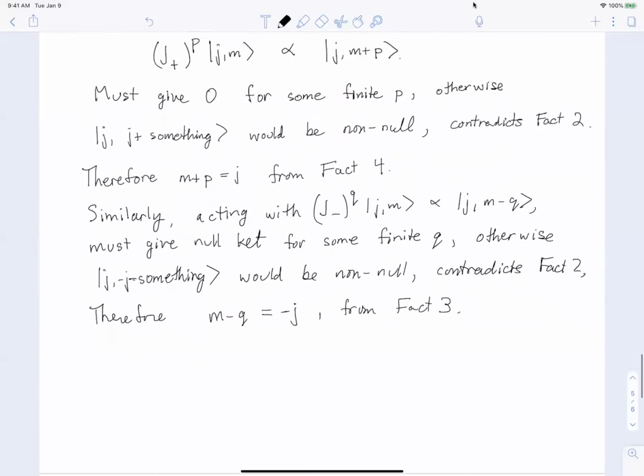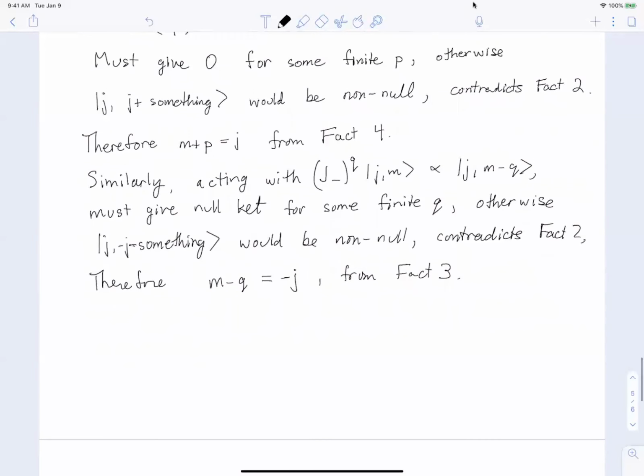All right, so let's see where this chain of logic has led us. That tells us that our m has to equal j minus p for some p, and it also has to equal minus j plus q for some q. And p and q are non-negative integers because they're the number of times we acted with an operator.